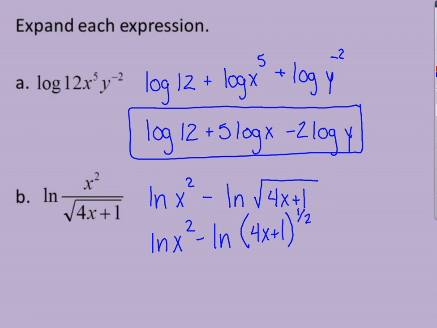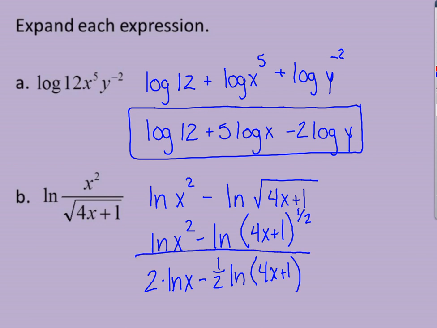Now, since these are both raised to a power, we can just bring the powers up front and multiply them. And we're left with 2 times the ln of x minus 1/2 times the ln of 4x plus 1. And you do need to make sure you keep those parentheses around the 4x plus 1.